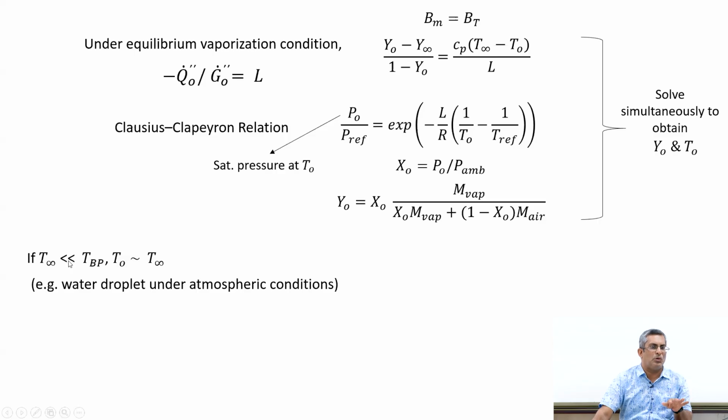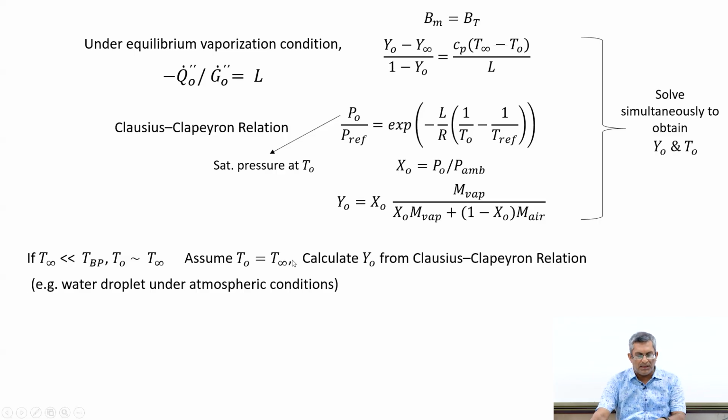So, it is safe to assume that T naught is equal to T infinity. So, you put T naught equal to T infinity and calculate Y naught directly from the Clausius equation and calculate Bm, or the mass transfer number. You do not have to go through this entire route.